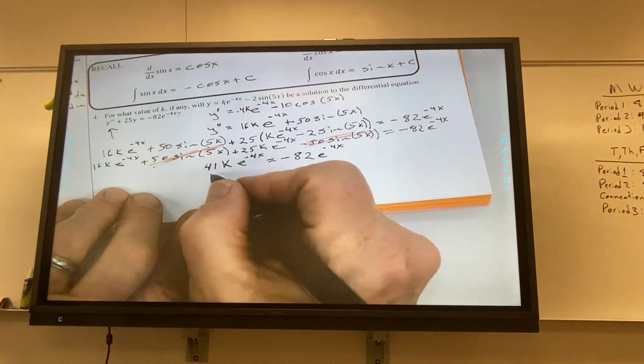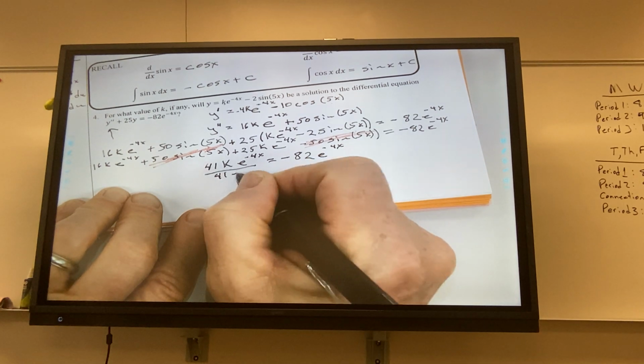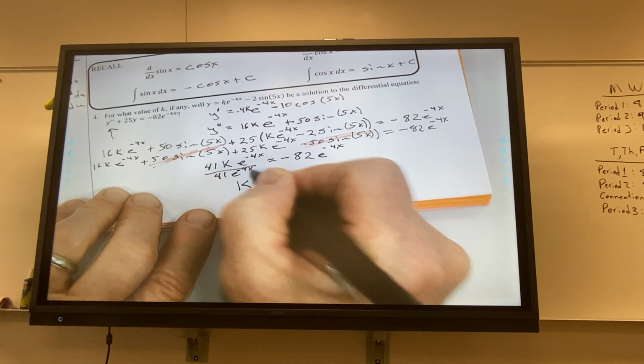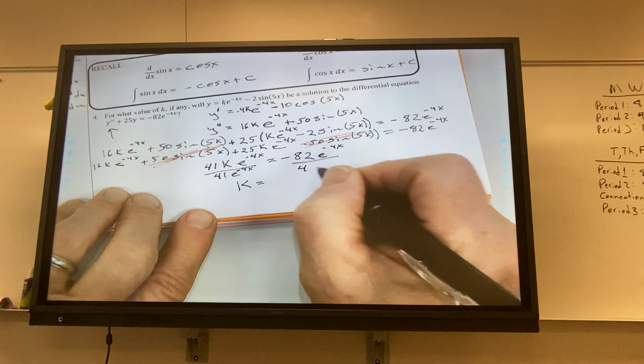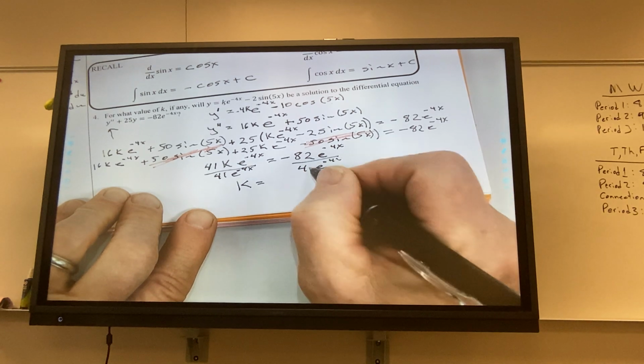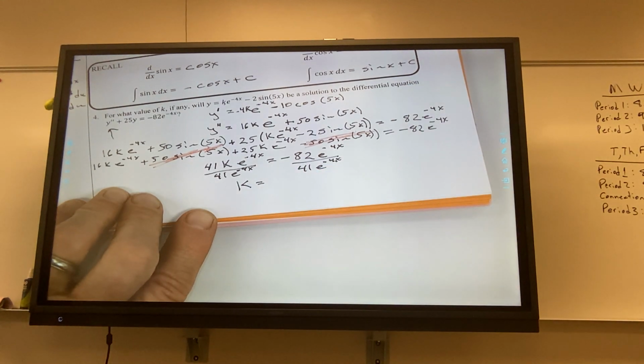So you're saying divide by this. Can you do that in your head? What is it? Negative 82 over 41. What is negative 82 over 41?